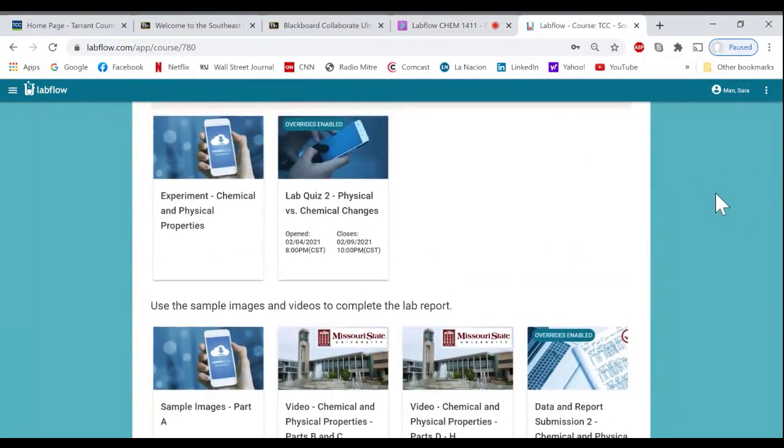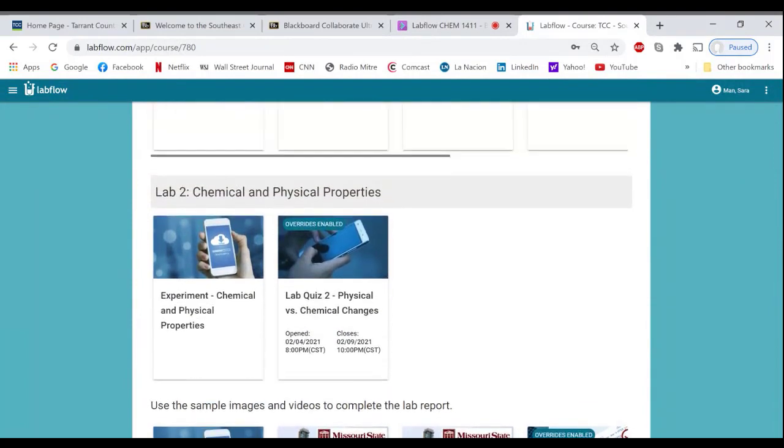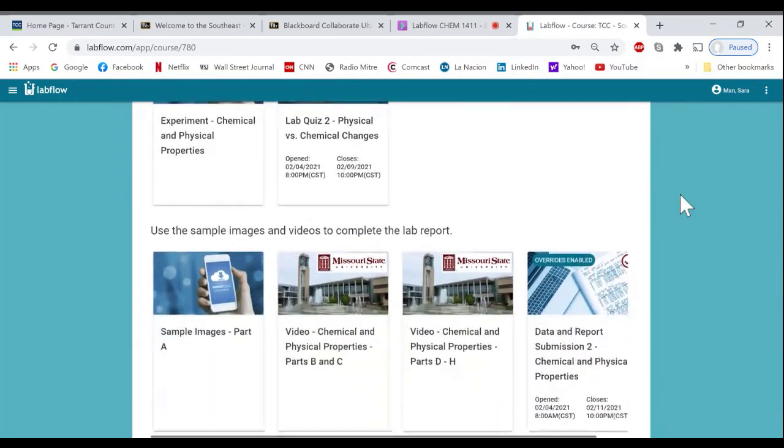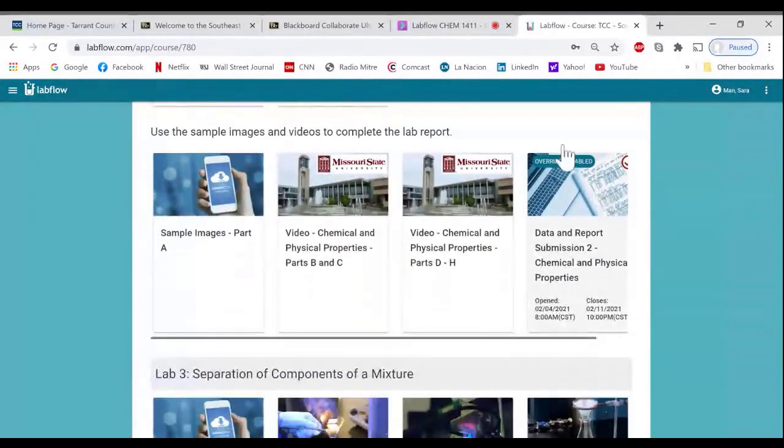Okay. So what we are going to do is, this is the lab flow. The first one here is the experiment, the write-up. This is where you have to click to do the quiz. Here is the sample for part A, that we already went over.